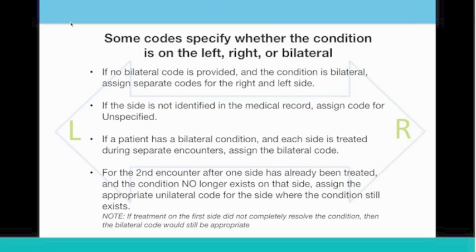If the side is not identified in the medical record, you're to assign the code for unspecified or query the provider. So when a patient has a bilateral condition and they're being treated, and the condition exists on both sides during that encounter of treatment, you will use the bilateral codes.